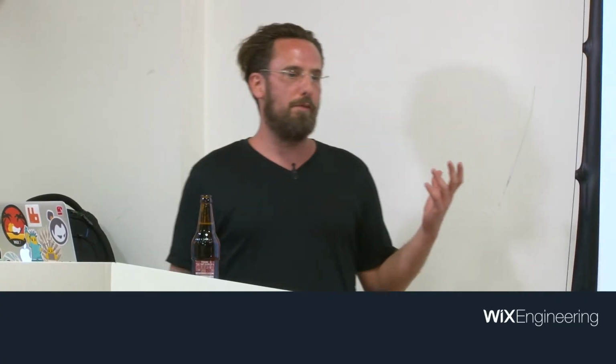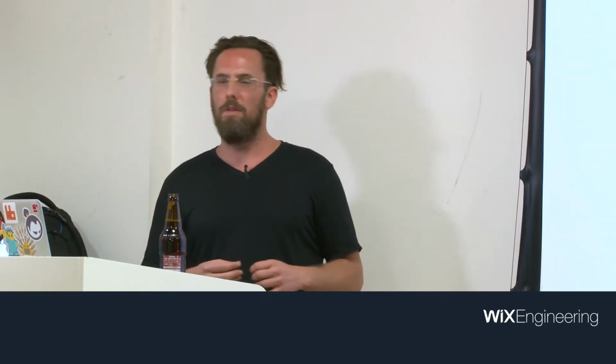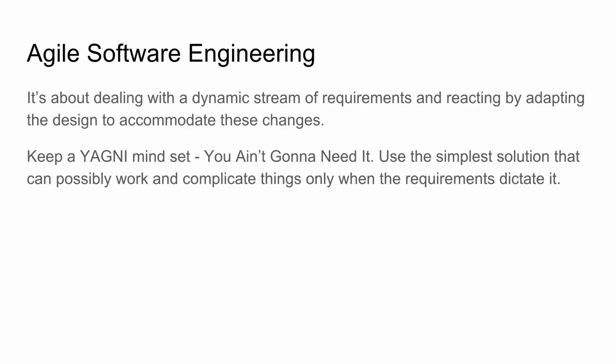So what is agile software engineering? The other half of the thing I want to talk about. Agile software engineering means lots of things to lots of people, but to me, it means the ability to react in real time to a constantly changing context of requirements that nobody knows up front and nobody can guarantee.